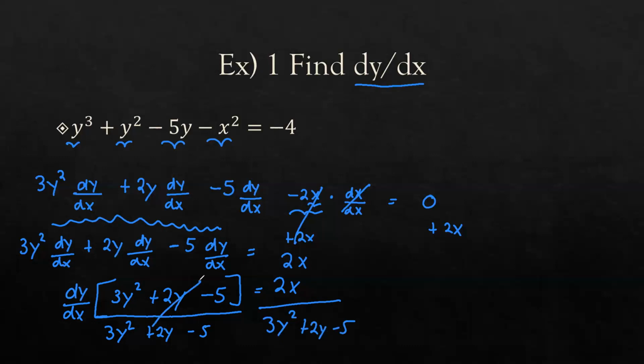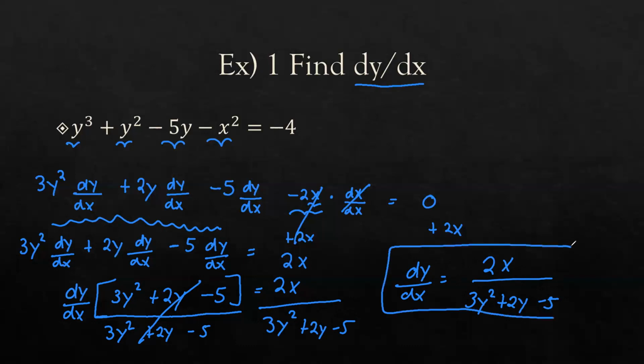Okay, so this cancels. So your final answer is dy dx is equal to 2x over 3y squared plus 2y minus 5. Okay, so you just found dy dx.